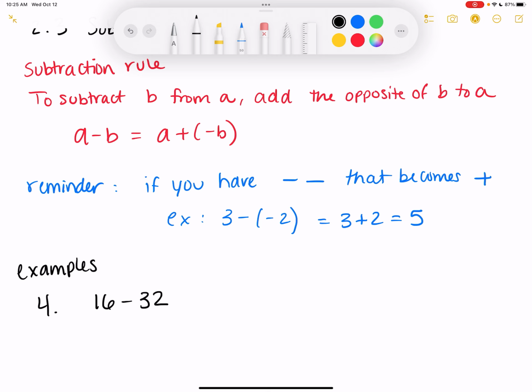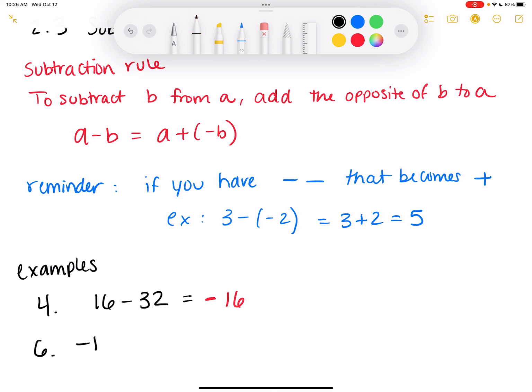Then we do the bigger number minus the smaller number, so 32 minus 16 would be what? 16. And we said it was going to be negative, so it's negative 16. Now, if you're good with just saying 16 minus 32, you can also do that, but I think it's a little bit easier to think about it as the bigger number minus the smaller number like we were doing in the last section.